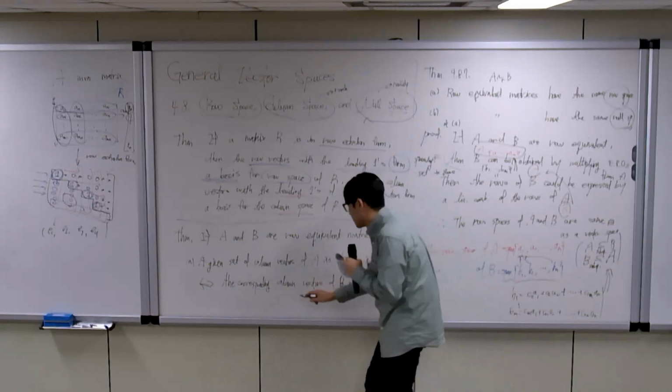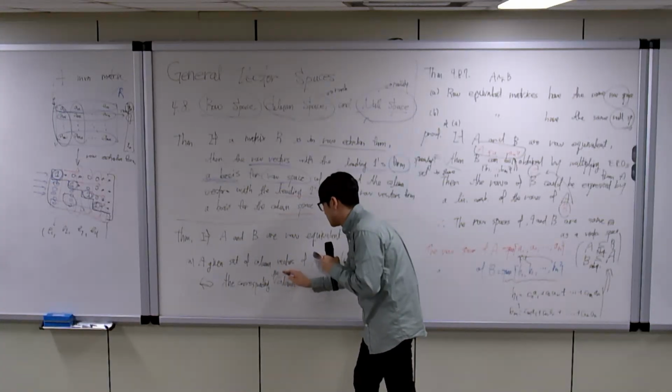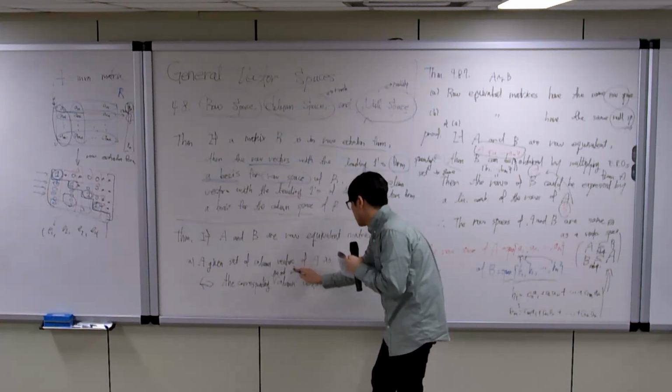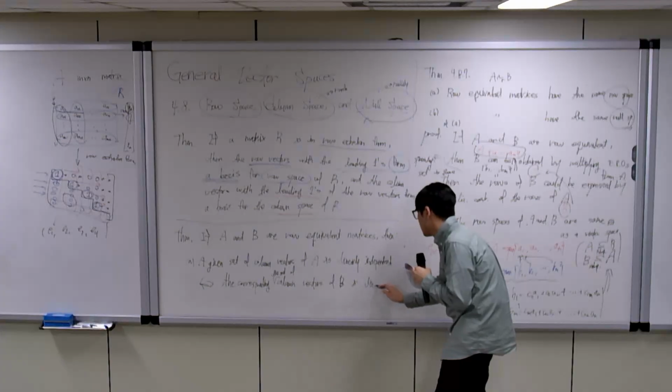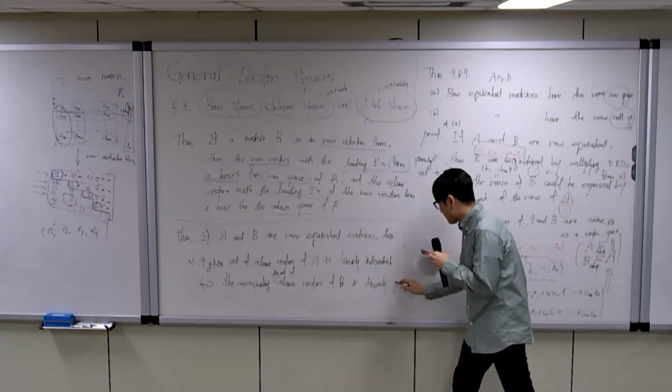The set of column vectors is linearly independent. I mean, typo.